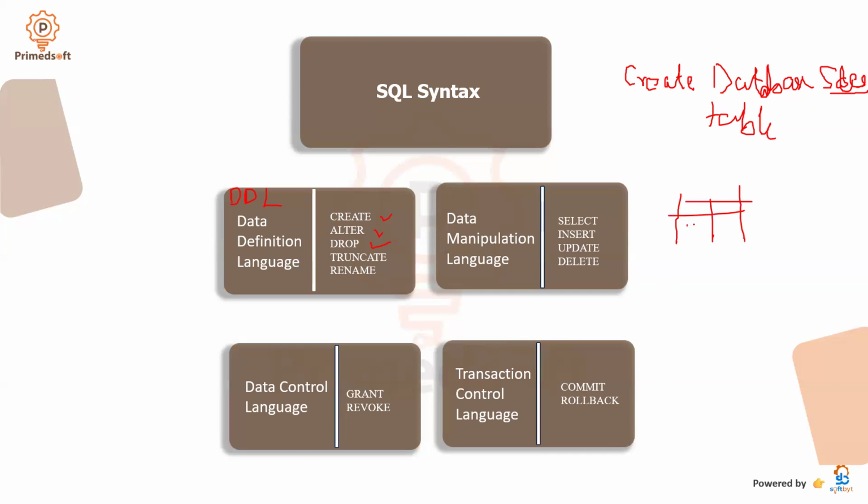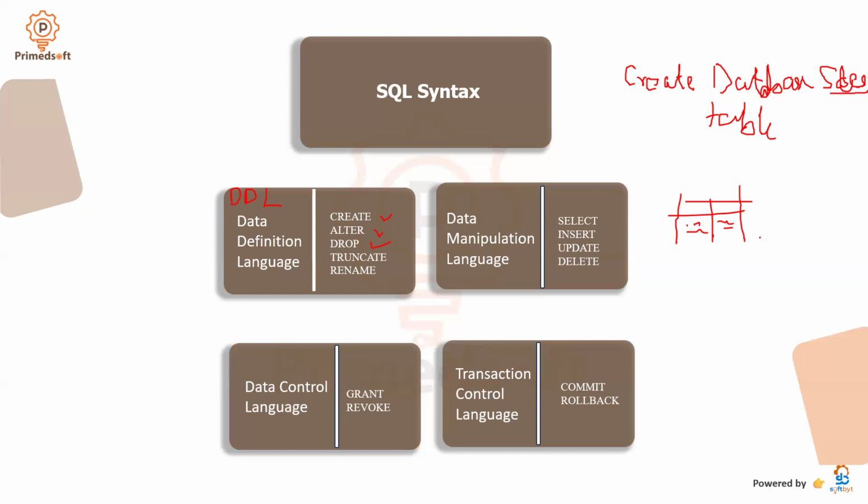So you have some data in here. The truncate will help you remove all the data, all the records in the table. That's what truncate does. If you want to empty your table, it's not going to delete the table, it's only going to empty your table.